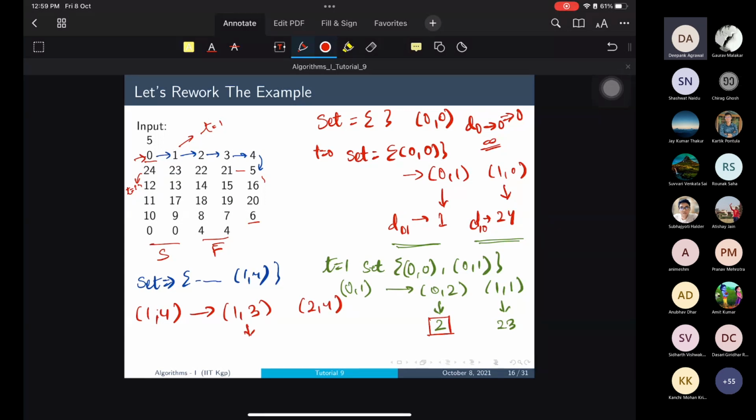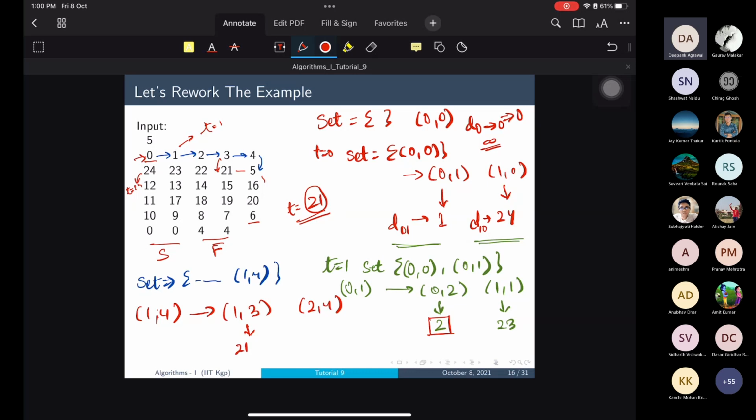So here we already know that the distance to reach 21 is 21, right? Because when 3 came into the visited set, it did update the time to reach 21. So to reach 21, we need at least t equals 21. And according to 5, it says that it should be 21 only.